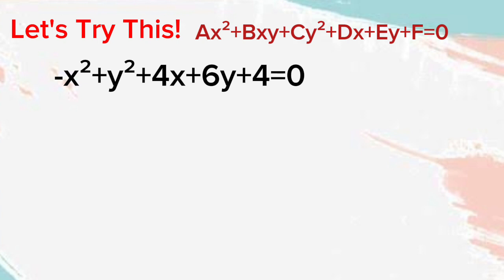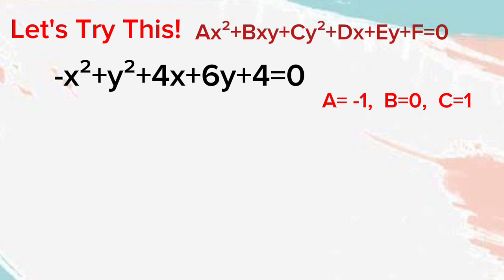Now, let's try another example. You can try this one and identify what type of conic it is. We have negative x squared plus y squared plus 4x plus 6y plus 4 is equal to 0. Since it is already written in standard form, we can find the values of a, b, and c. The value of a is negative 1, b is 0, and c is equal to 1.